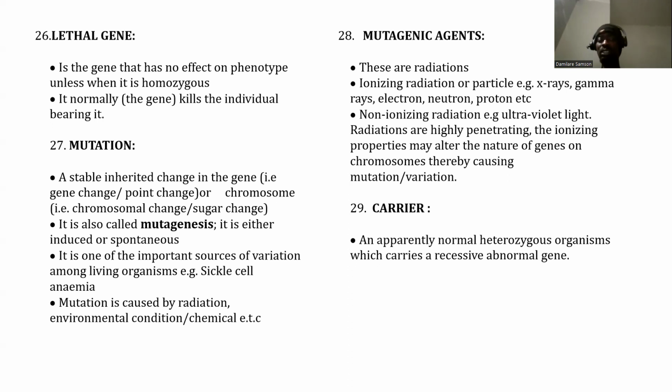You can see they went to the moon or they are in space, and there was this heavy light that falls on them, and the next thing, one begins to stretch, the other one looks like rocks. Those are trying to explain what mutation is all about, because that very chemical or that very radiation changes the chromosomal arrangement. And that is why we say it can be a stable inherited change, because it will remain with them throughout.